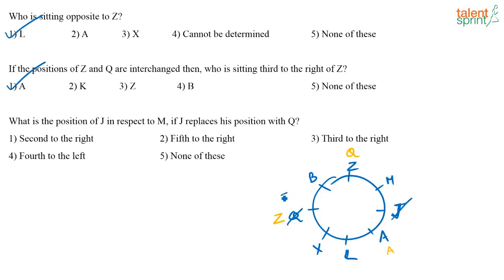So, basically J is coming here, Q is coming here. Position of J with respect to M. If you look at M, this is to the right of M, right? So, J is sitting third to the right of M. So, the correct answer here is option 3. J is third to the right of M. Yes, so good. Next one.